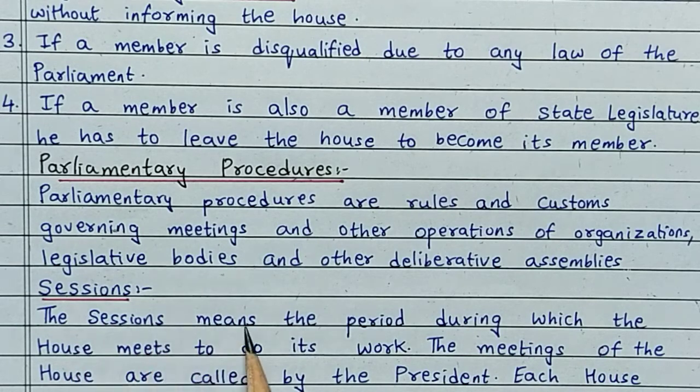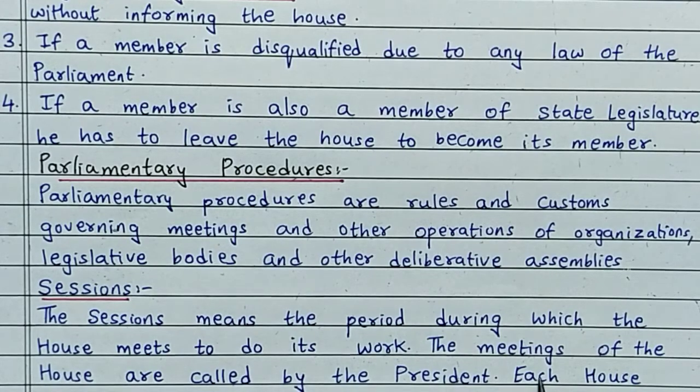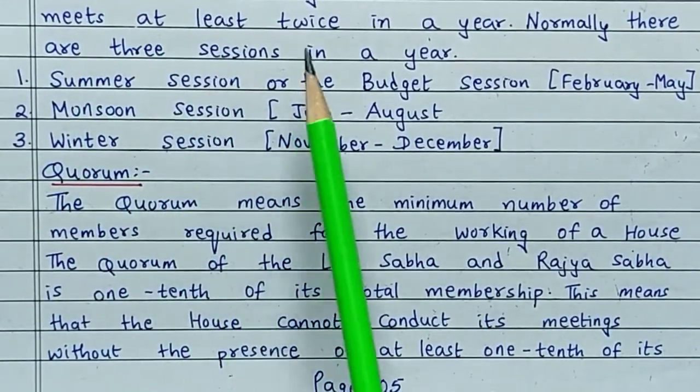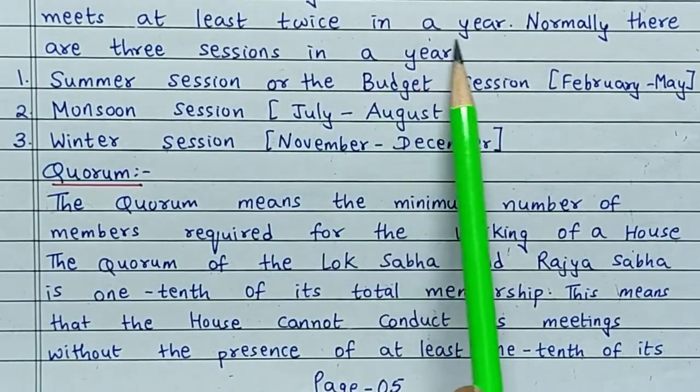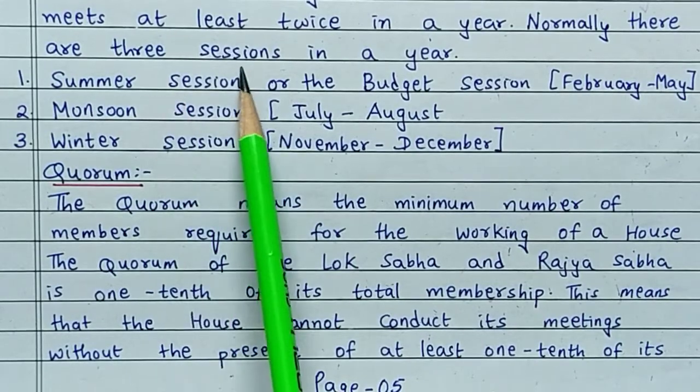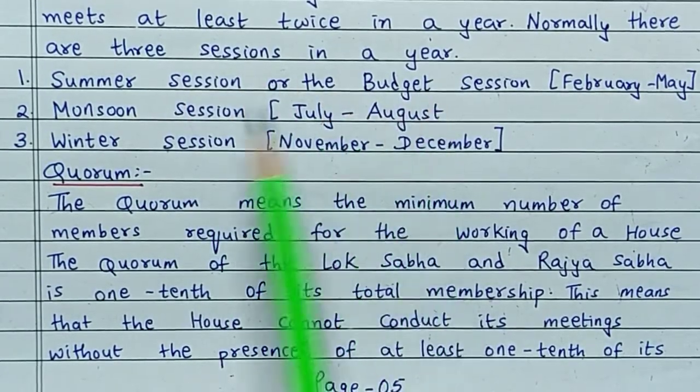The session means the period during which the House meets to do its work. The meetings of the House are called by the President. Each House meets at least twice in a year. Normally, there are 3 sessions in a year.